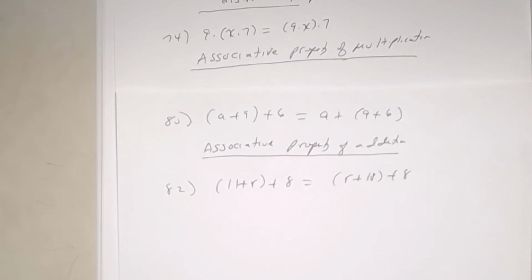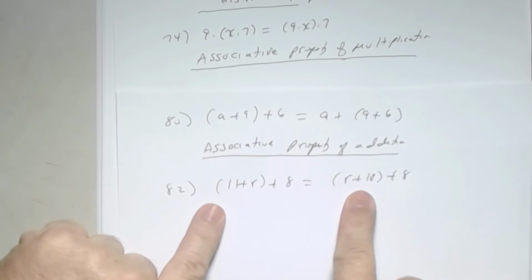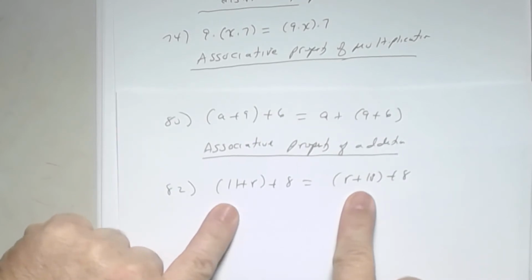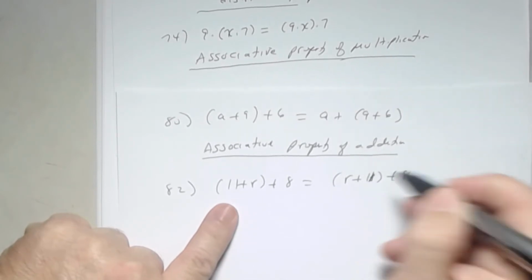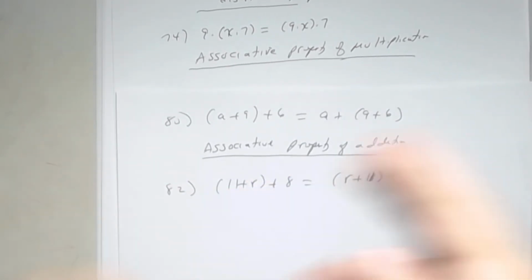Associative property of addition? Remember, associative property means to regroup. Am I regrouping anything? No. Listen carefully, those groups are the same. 11 plus R is the same as R plus 11. Have I regrouped? No. So that's not the associative property.